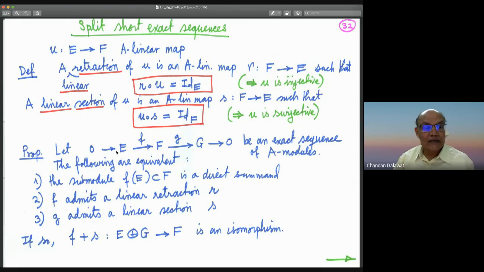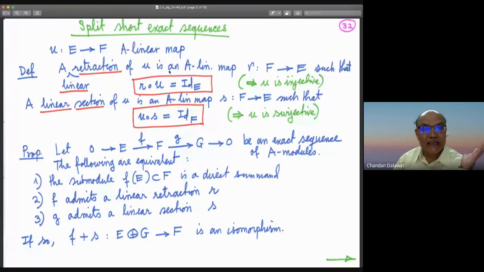Now, before I can introduce this notion of a short exact sequence being split, I need to recall the notion of a linear retraction and a linear section. So that makes sense for any A-linear map.